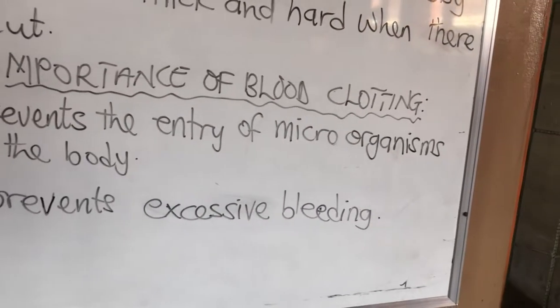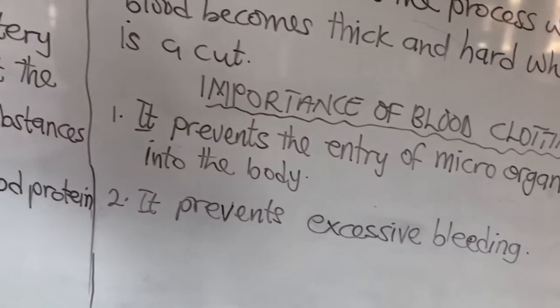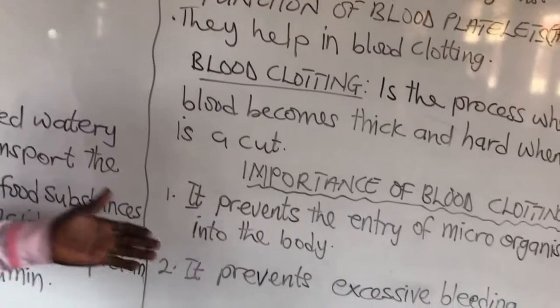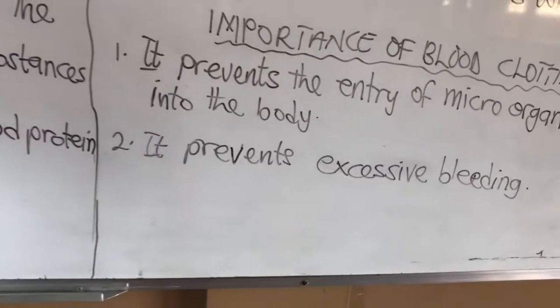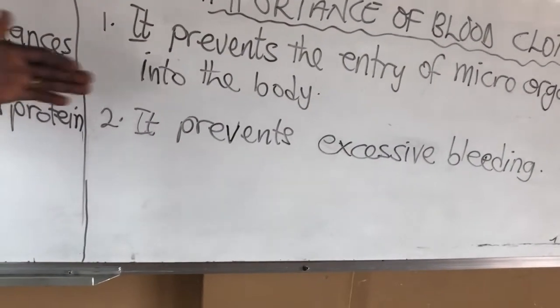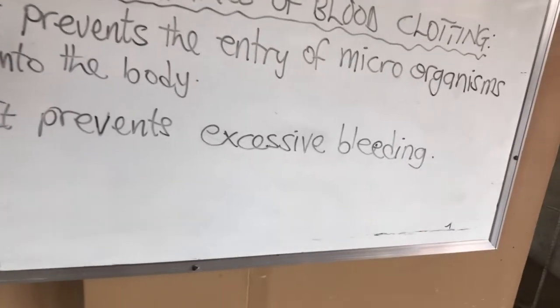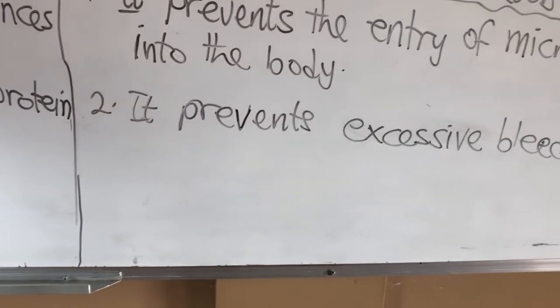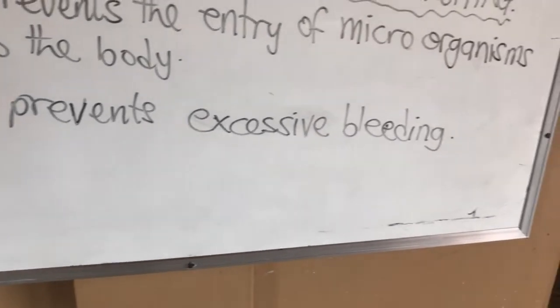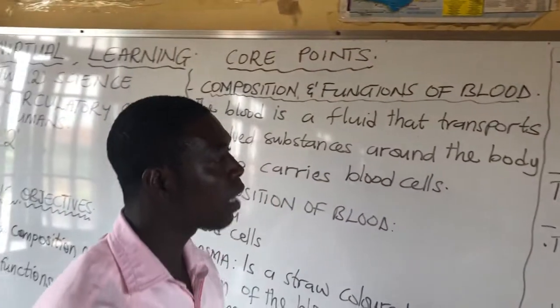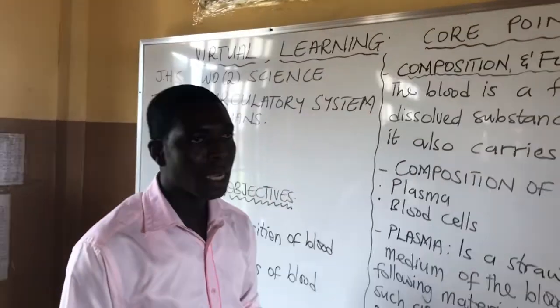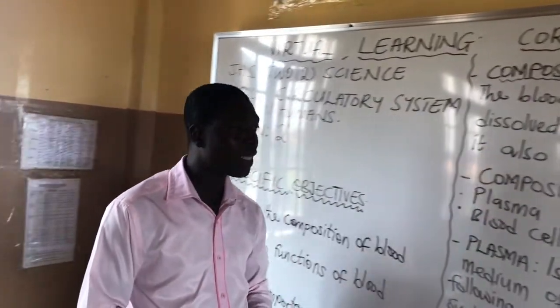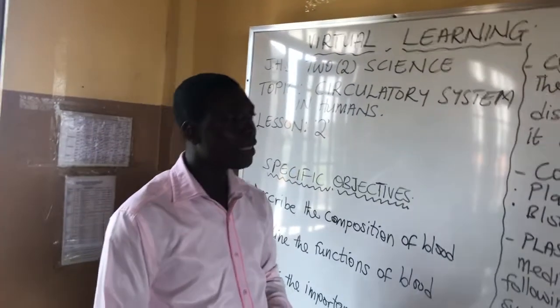Now, the second importance is that it prevents excessive bleeding, as I've told you earlier on. Blood clotting prevents excessive bleeding. And this is very good for the body in case of an accident or a very fatal accident.